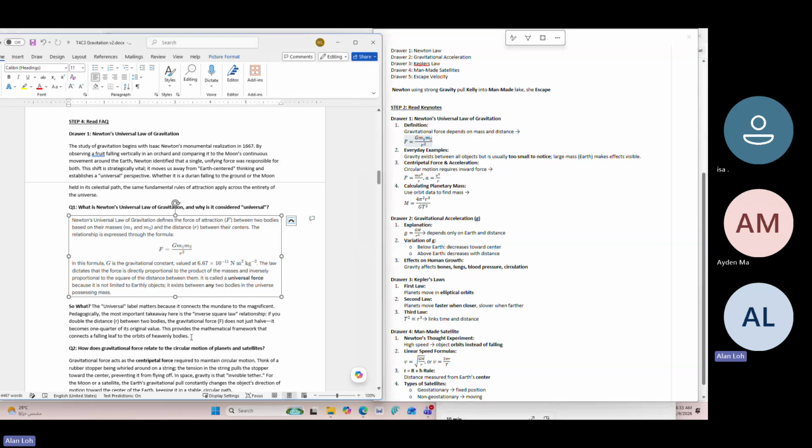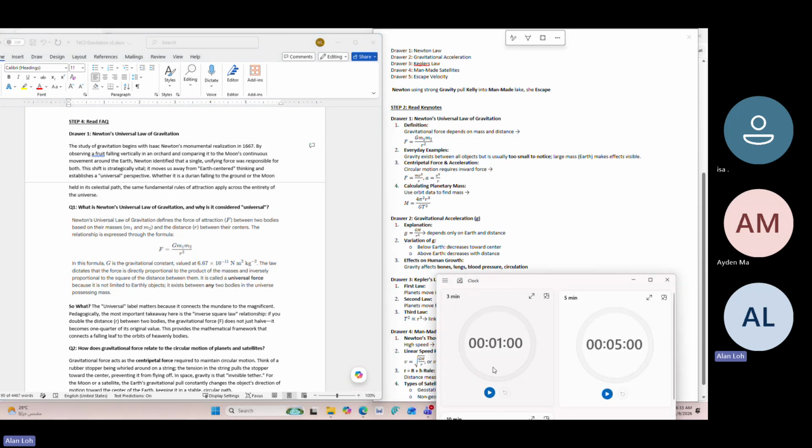So let's read this part here. There's a small introduction about what you are going to learn in drawer 1. So let's take 2 minutes to read question 1. Let's start now.